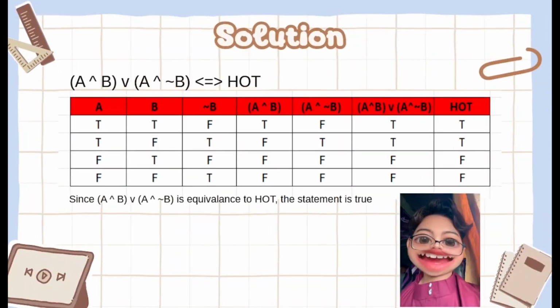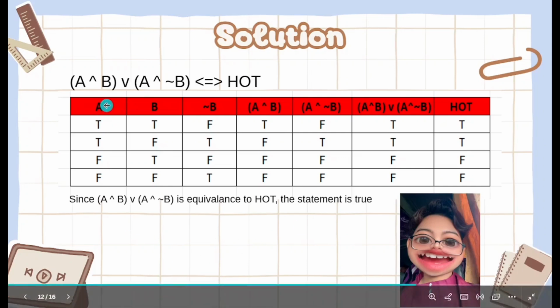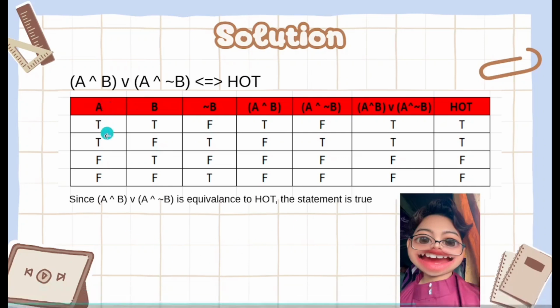Hi, I'm Zarif. I will continue about our solution to dispense water. The construct that we use is A and B, or A and not B, equivalent to hot water. For input A, true, false, and B, true, false. Not B, false, true.